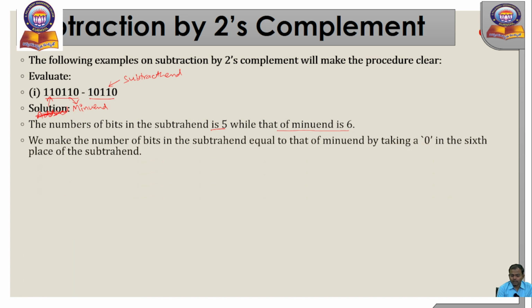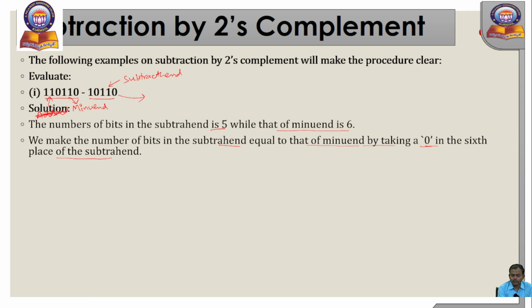Whichever number has fewer bits, we add 0 to the left of that number. So we make the number of bits in the subtrahend equal to that of the minuend by taking a 0 in the 6th place of the subtrahend.